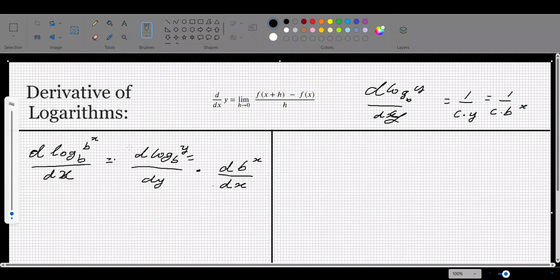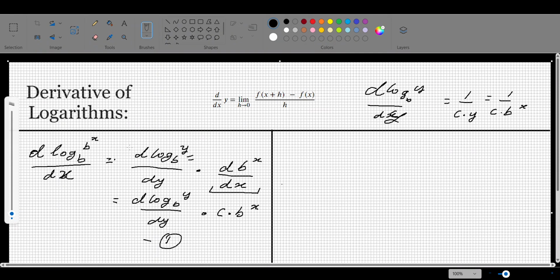Now in the previous part, we just said that the derivative of b raised to x is c times b raised to x. So we could rewrite this in that way. D of log y with the base b by dy times c times b raised to x, right? Now this is our first equation.